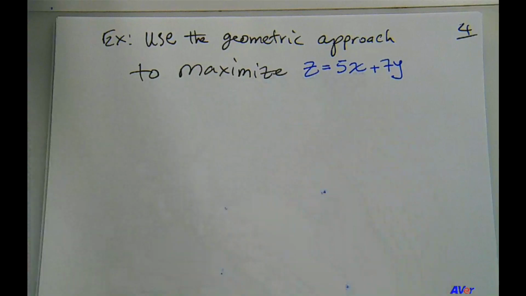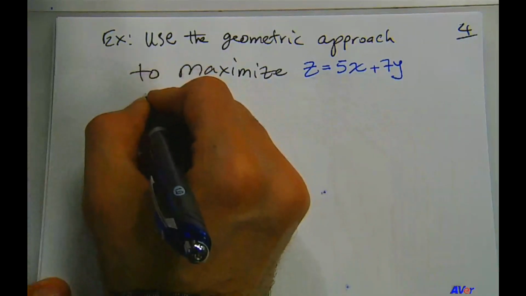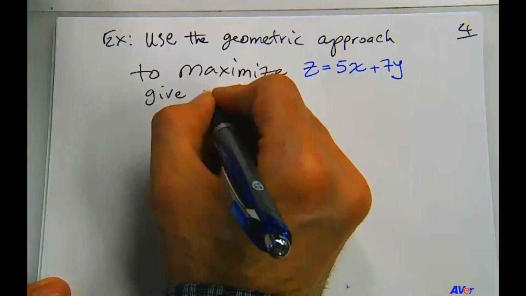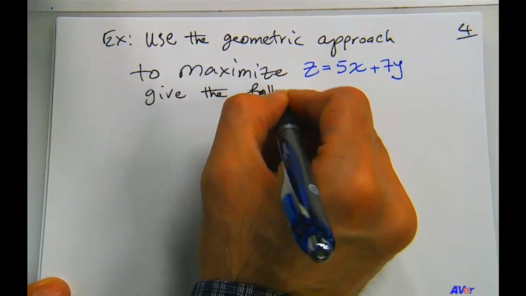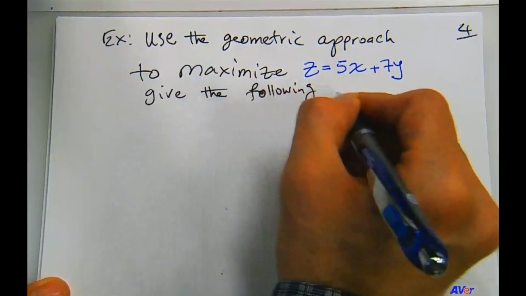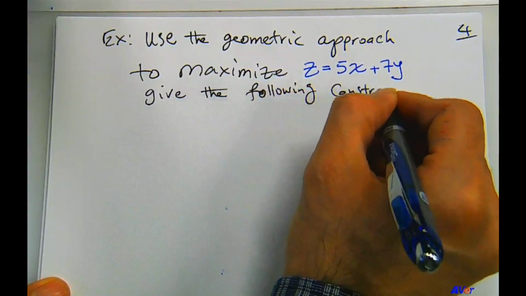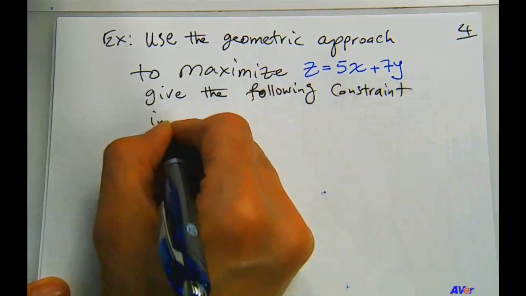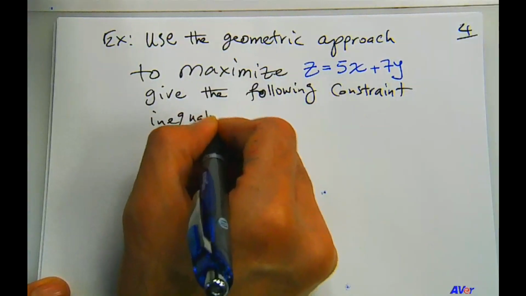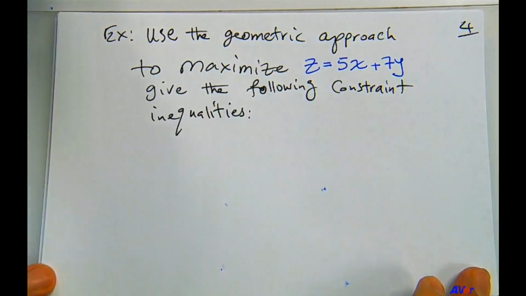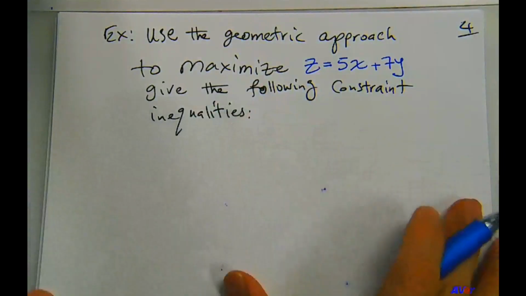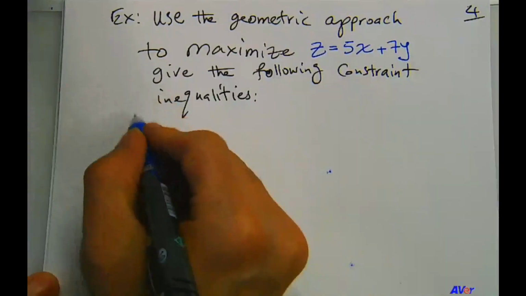So to maximize this objective function z, given the following constraint inequalities. So here are the constraint inequalities.